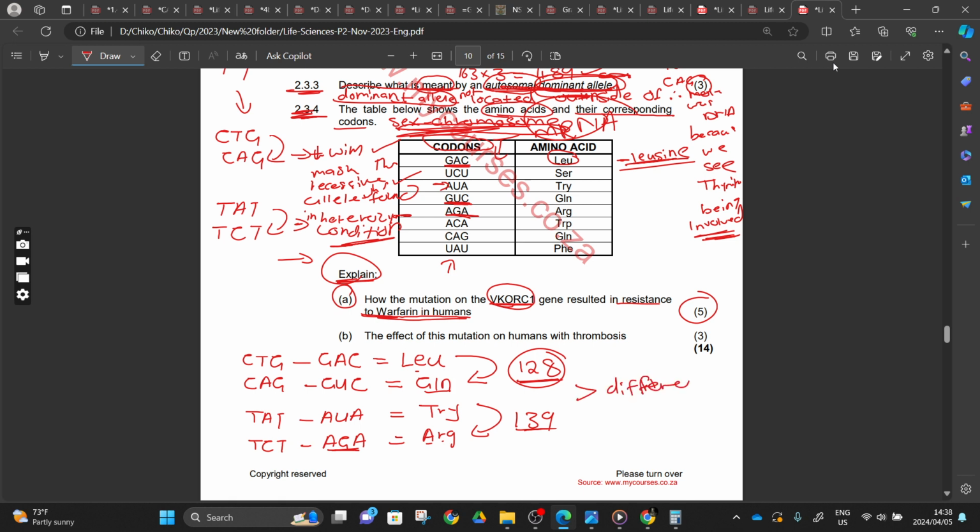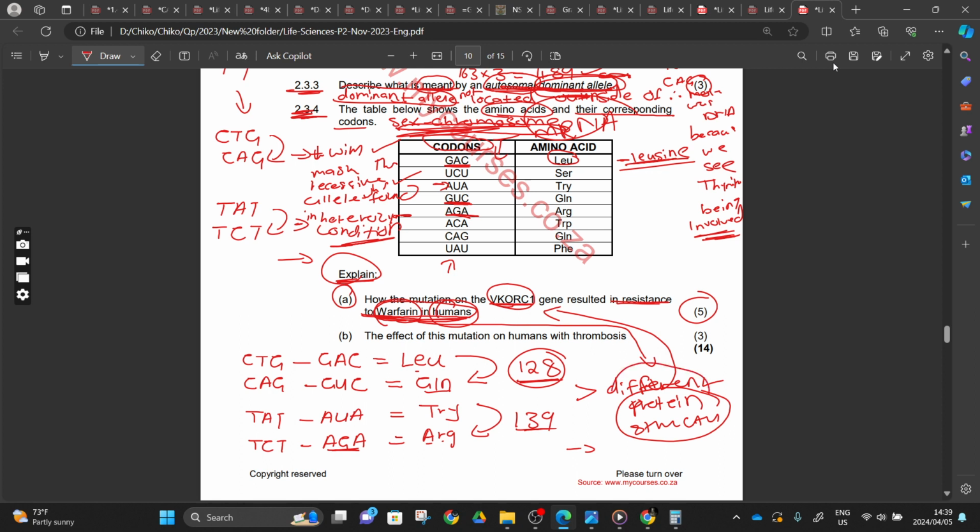This will result in a different protein structure, and this can result in a non-functional protein. Because the protein structure is different, it's going to make it difficult for a human to respond to warfarin, since warfarin will not be able to attach to the protein being produced, right?